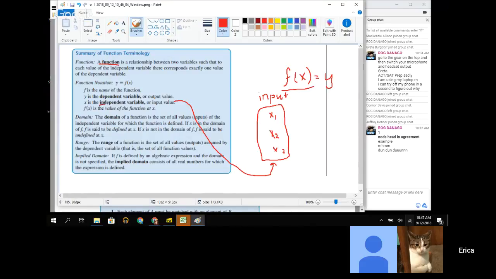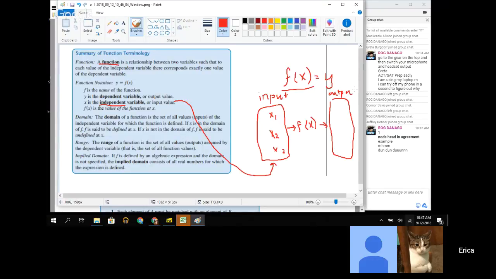Okay, it's independent. So that makes sense, right? If you are working with a function or an equation, you have y equals mx plus b, you can put any x in there and figure out what the y is going to be based off of that, right? That's what you put in. Then it goes through this function, and then on the other side, we get something out, which we can call the output.